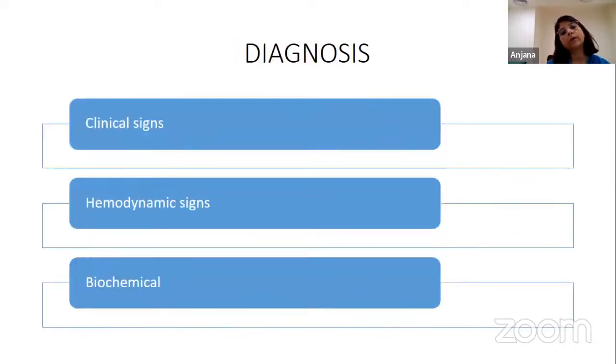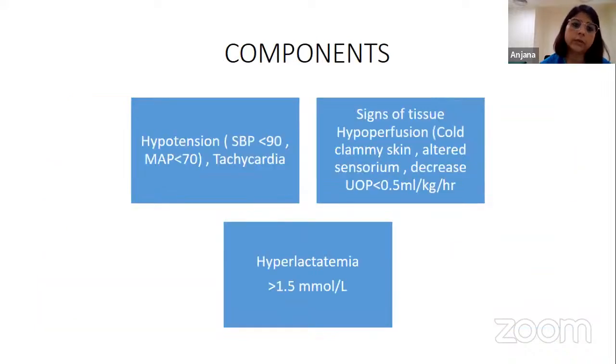Now, how do you diagnose a shock? I think everyone knows the clinical signs, based on the hemodynamic signs and the biochemical markers. That will be your blood pressure on the lower side, systolic less than 90 or mean arterial pressure less than 60 to 65, and tachycardia. That's the usual presentation.